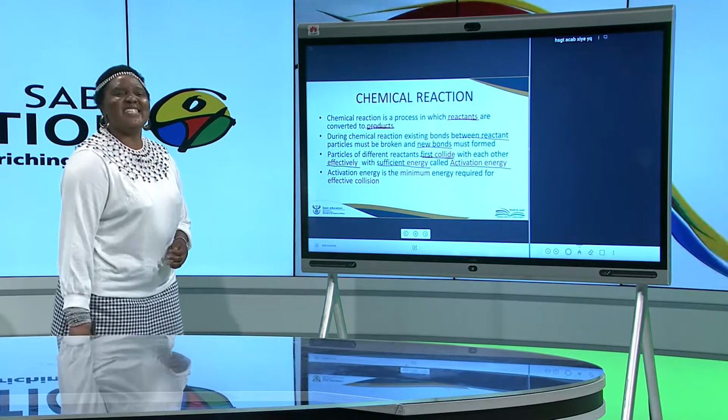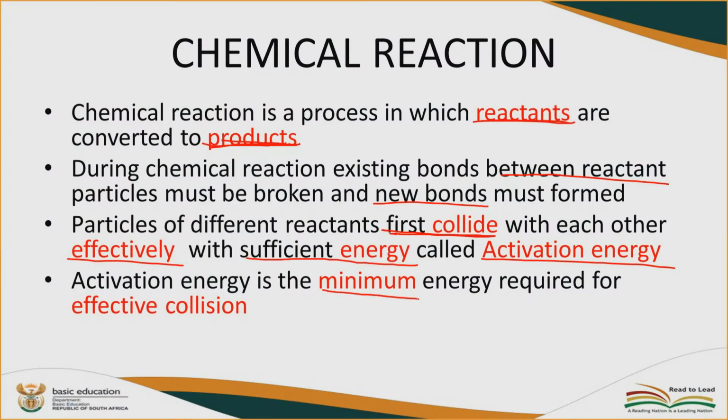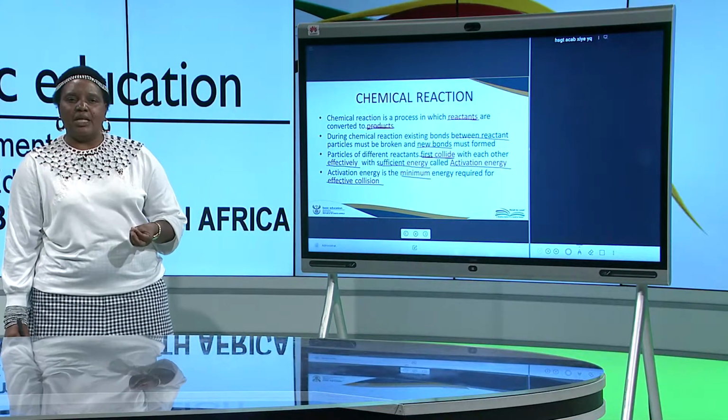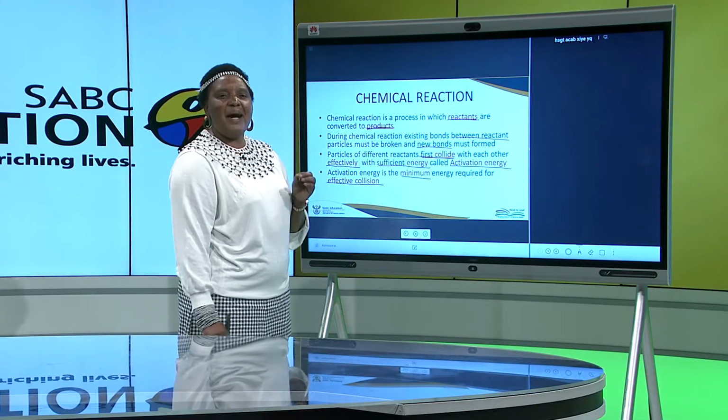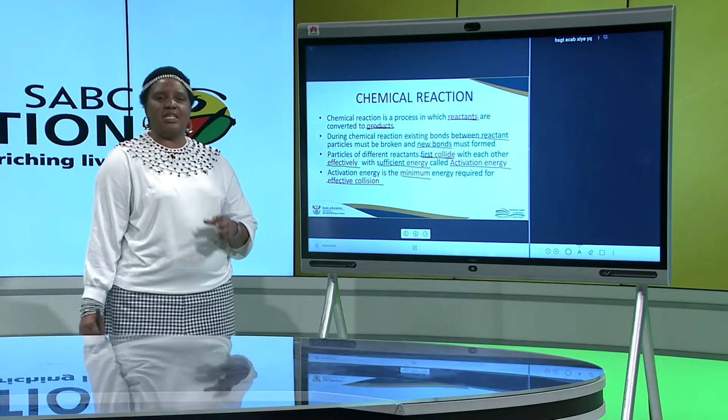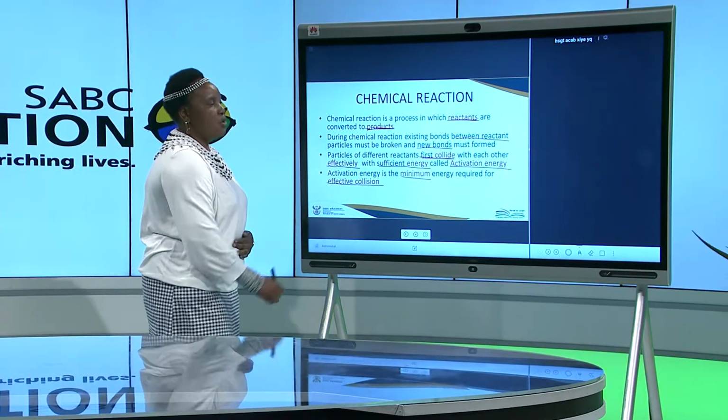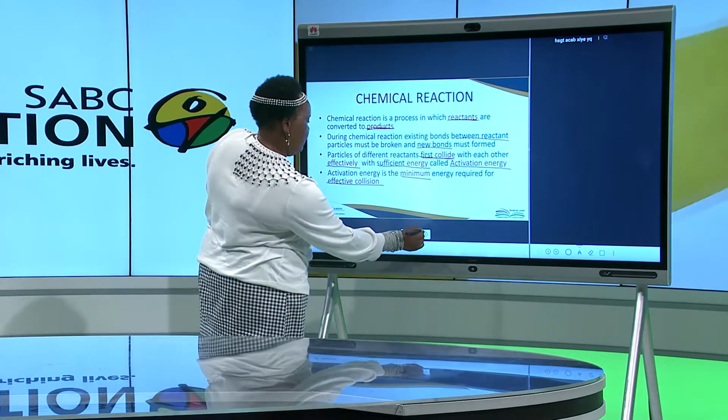Activation energy is the minimum. In the exam, if you leave out the word minimum, you get 0, because a definition is 2 or nothing. So you define it as: activation energy is the minimum energy required to cause effective collision. So in other words, in order for an effective collision to take place, the particles must have sufficient energy, and that energy we call activation energy.